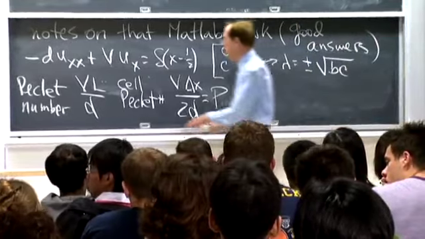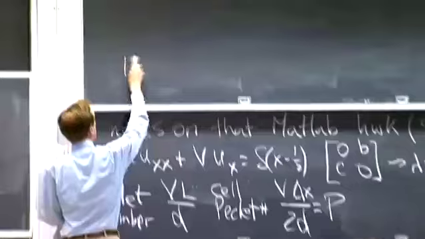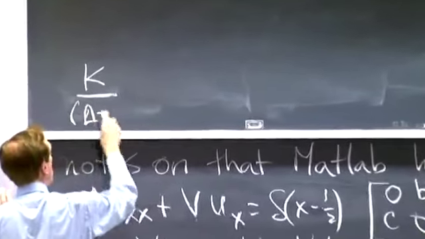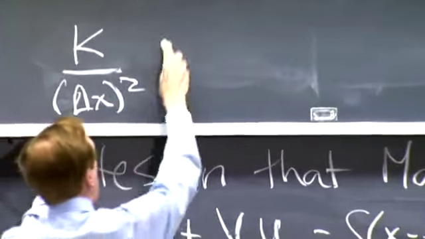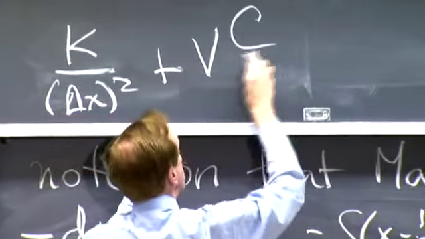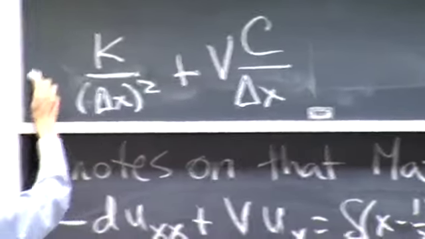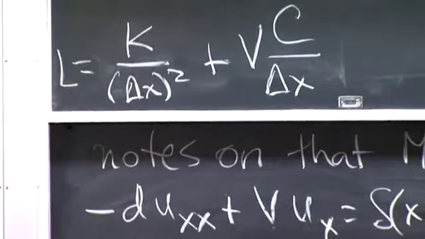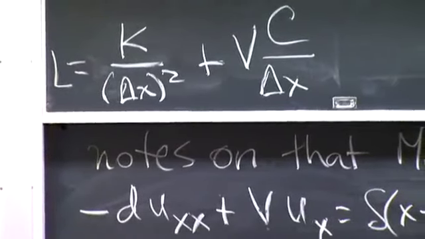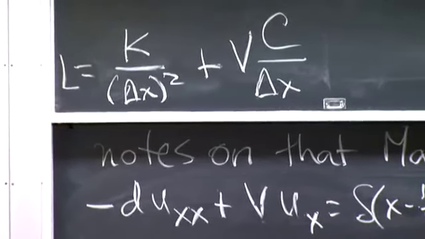Because you set up a matrix K over delta x squared, and V times this center difference over delta x. I call that whole combination L, and asked you about the eigenvalues of L. And you printed them out correctly.